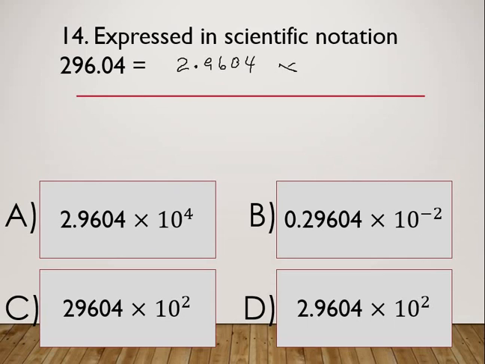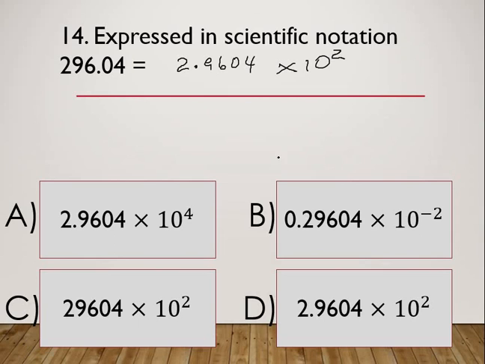Well, we're going to multiply this part by a power of 10 that will bring this number back to the original number. The power of 10 that will bring the point back to its original position must be a positive power that will take it to the right. And it must be how many places to the right to get back the original. So we can move it 2 places to the right, so it'll be positive 2.